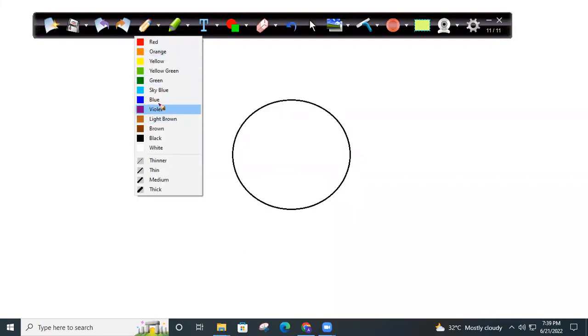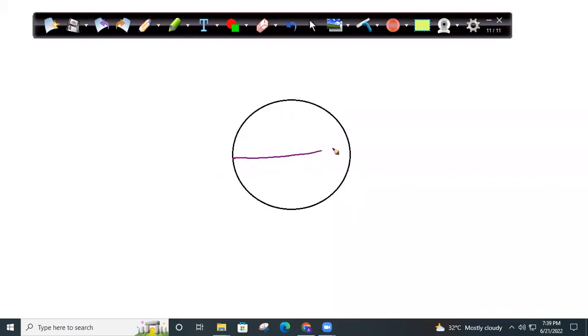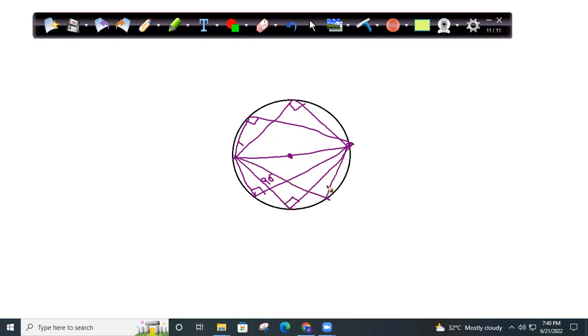Now this is the diameter. If this is the center, most important, which students forget: the angle made by the diameter on the circumference is always 90 degrees. Take any line, it is fixed.